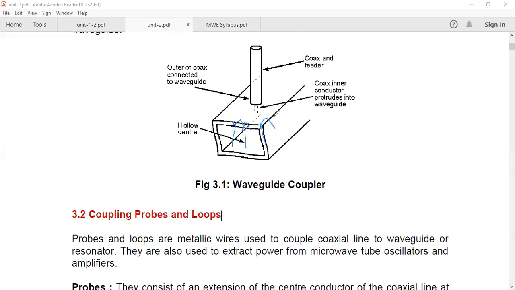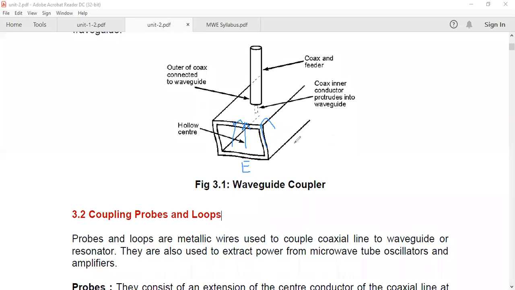Here, these probes are inserted in the direction parallel to the electric field lines. That's a very, very important point. So probes are inserted parallel to the electric field lines, and the electric field lines are in this direction.